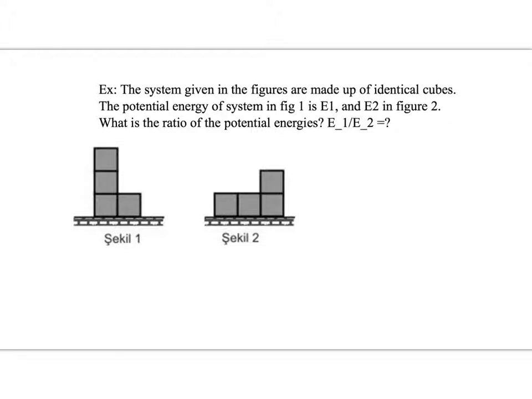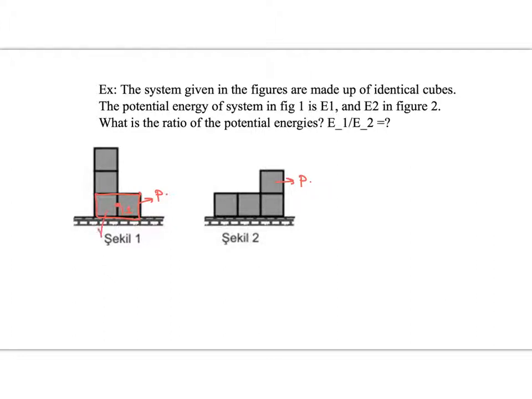The system given in the figures is made up of identical cubes, so we are going to take the ratio of their potential energies. Let's say that every cube has a weight of P. They are identical. So in figure 1, these two cubes have a center of mass here with a distance, let's say 1.